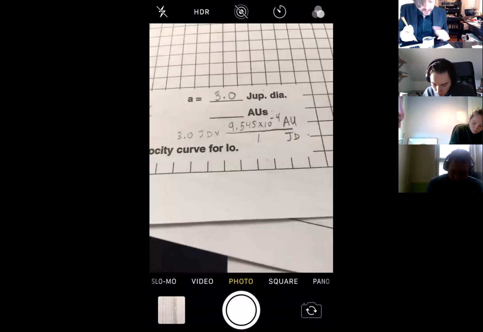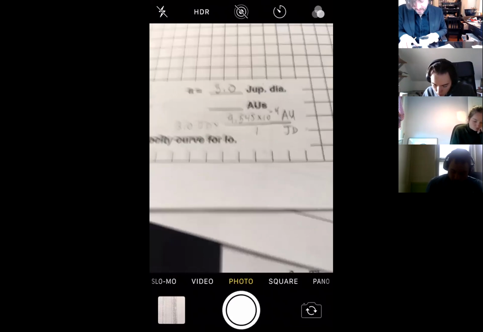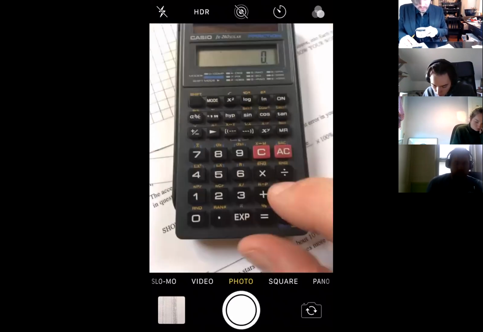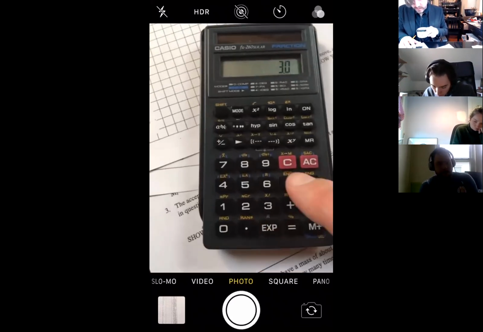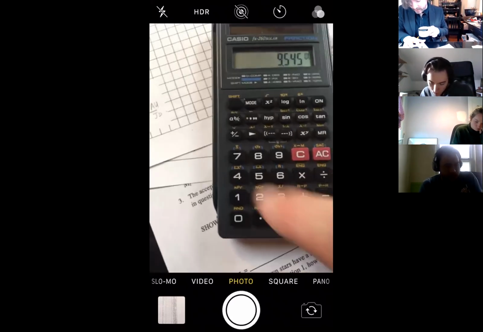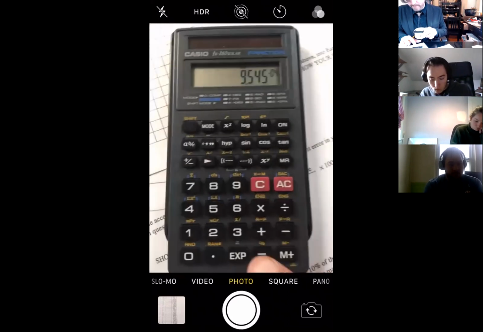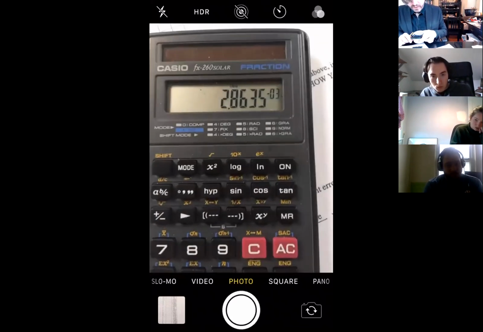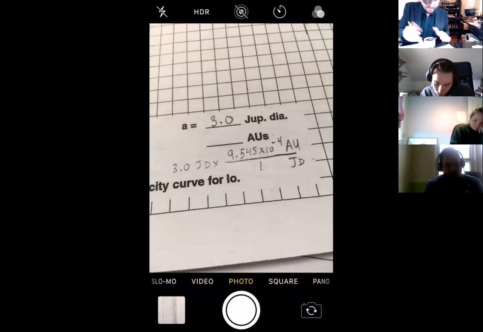So we can only keep 2 sig figs because we only have 2 sig figs there. But we'll do 3.0 times 9.545 exp negative 5, 2.9 times 10 to the minus 3.